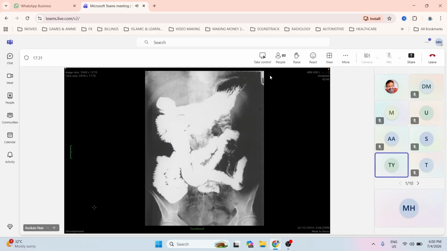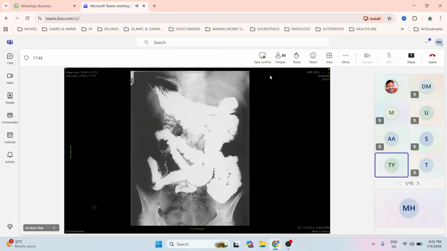I don't see any abnormal bone lesion. The sacroiliac joints are preserved. I don't see any stricturing or any filling defects within the small bowel. Overall features may represent scleroderma, and I would like to correlate with the serological markers and also do a chest X-ray for further workup of scleroderma.